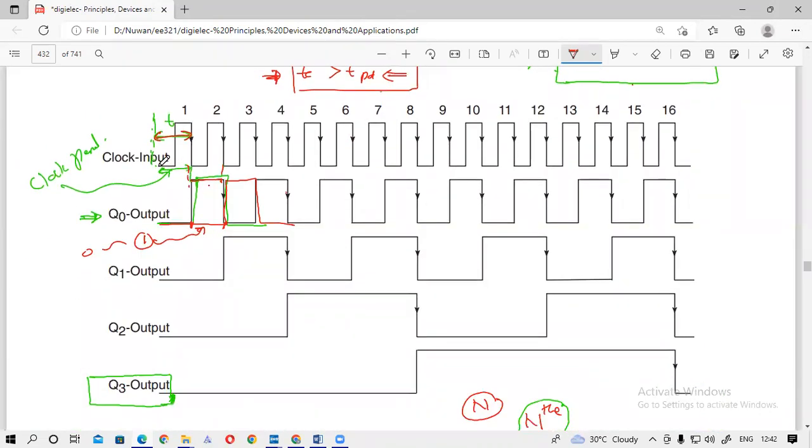So you can see this is the clock cycle. If the propagation time is greater than the clock cycle time, you can see that the error happens. It is shifted, so this one shifts to this time slot.